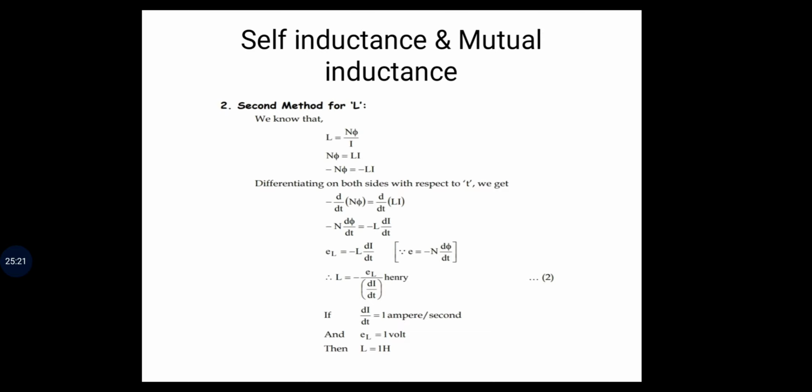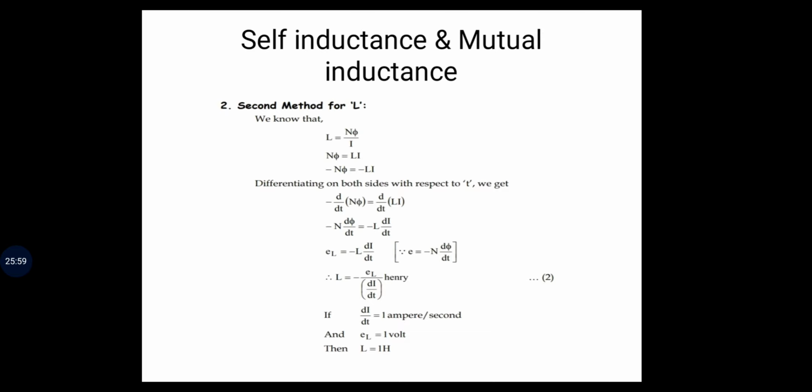You apply the differentiation on both sides: minus d by dt N phi equal to minus d by dt Li, so minus N into d phi by dt equal to minus L into di by dt.